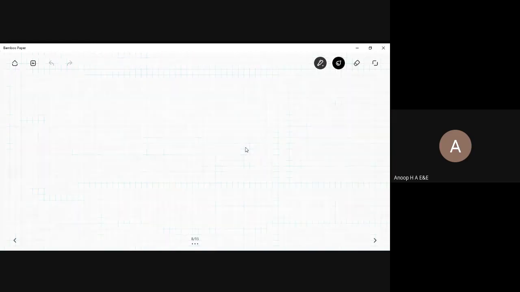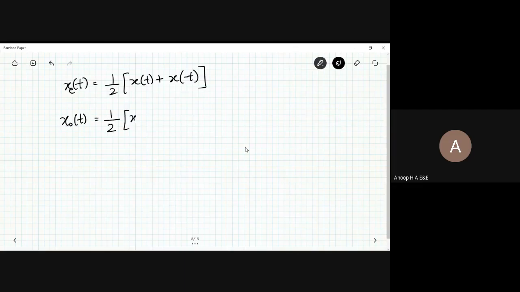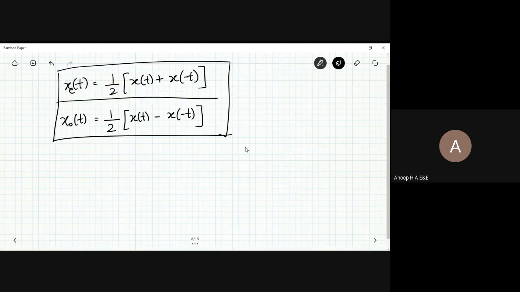The even component of x of t, x even of t, can be written as half of x of t plus x of minus t. Next, the odd component of the signal is half of x of t minus x of minus t. These are the components present in the signal. This is the even component, and this one is the odd component here.